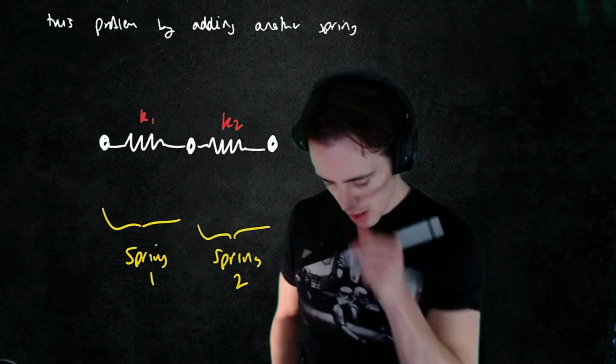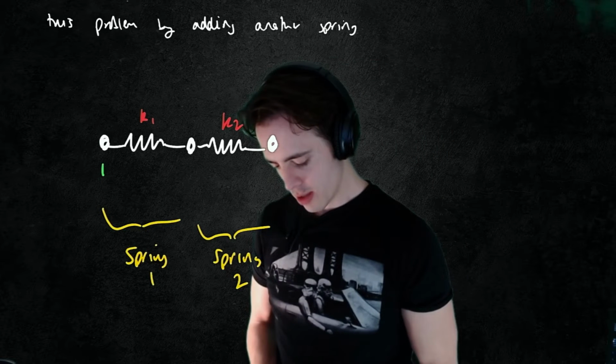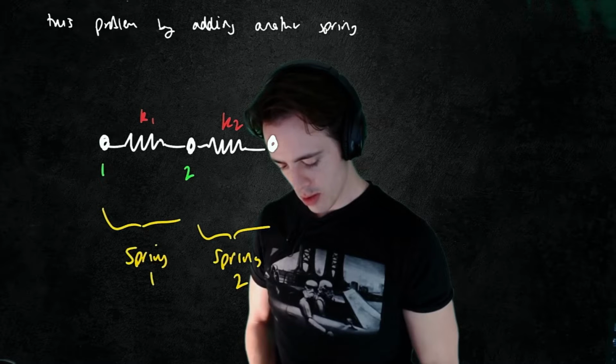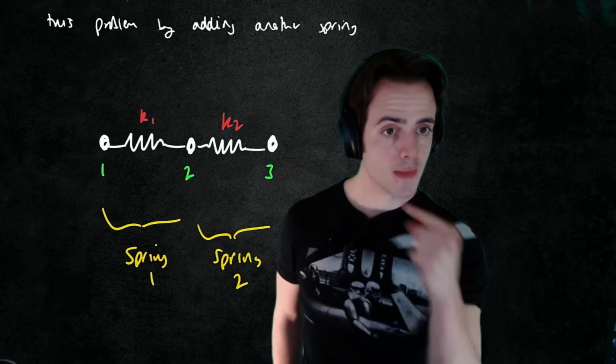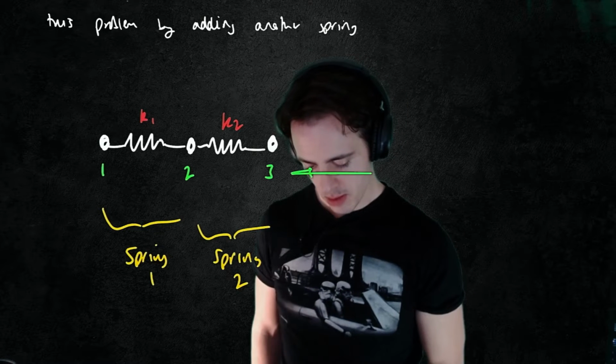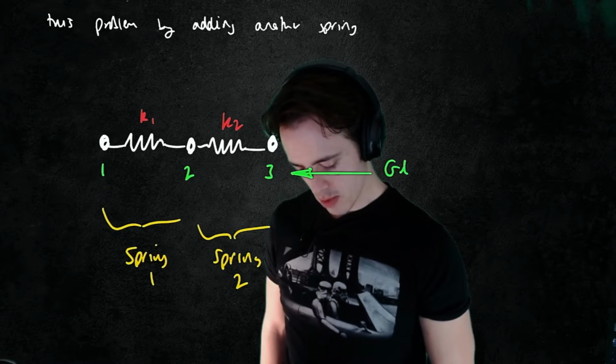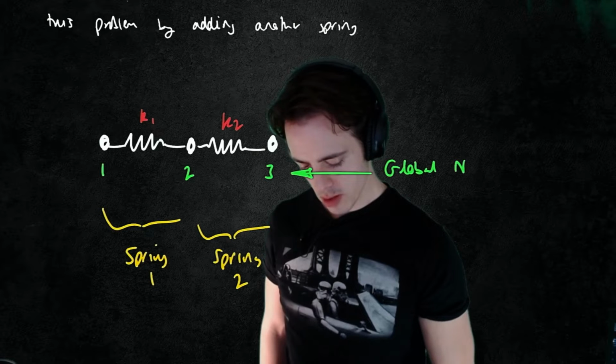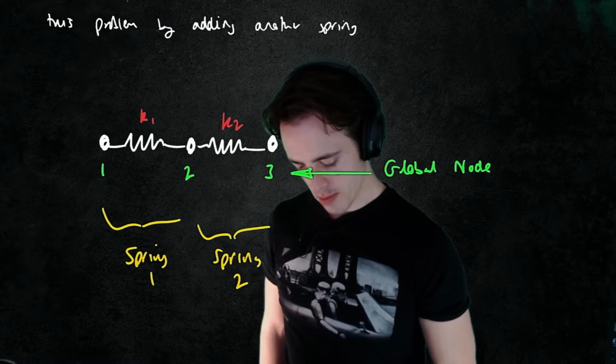And we're going to number the nodes as well. We've got node 1, node 2, and node 3. These are going to be our global coordinates, or our global node numbers.